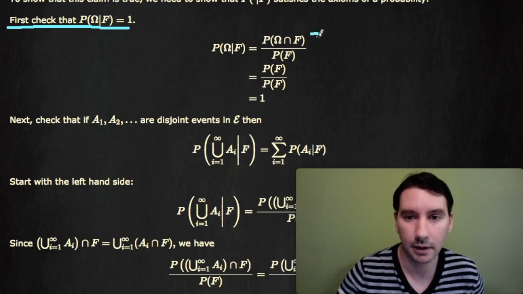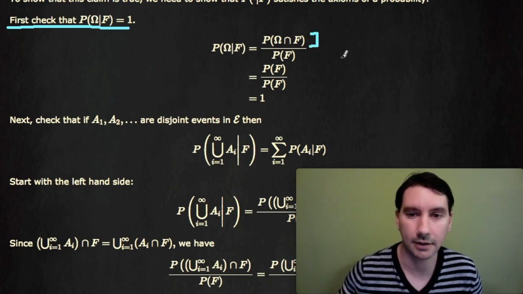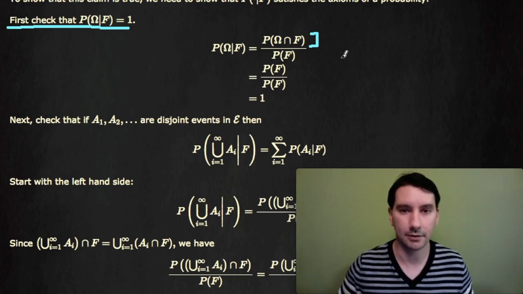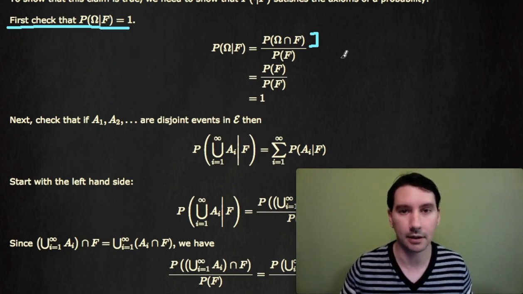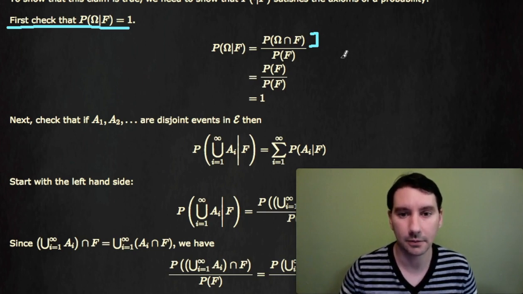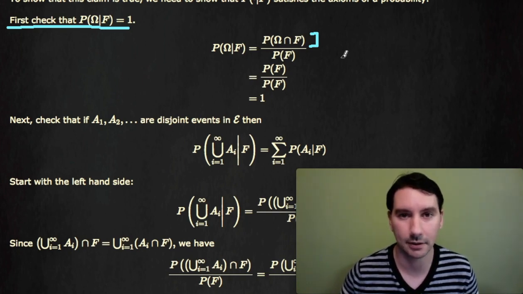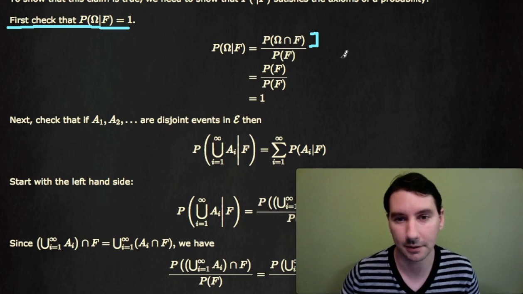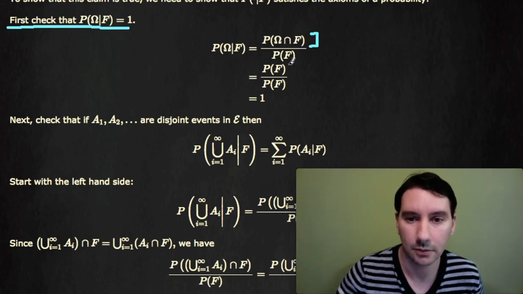Now this omega intersect F, that's everything intersect F, or elements that are in everything and in F. Well, of course, that leaves you with just F, right? Because if it's all elements that are in F and they're elements in everything, then it just means elements in F. So omega intersect F equals F, and that's what's going on from here to here.